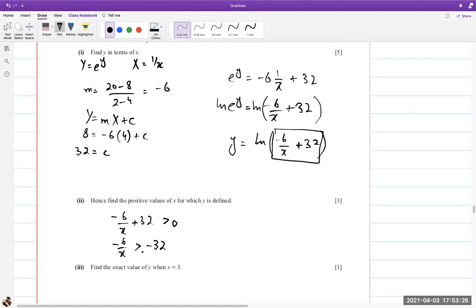Okay. You have negative number on both sides. So we flip the equation. That gives me 6 over x is less than 32. So that gives me x is less than 6 over 32. So for these numbers. Okay. Sir, side उल्टा नहीं होना चाहिए.